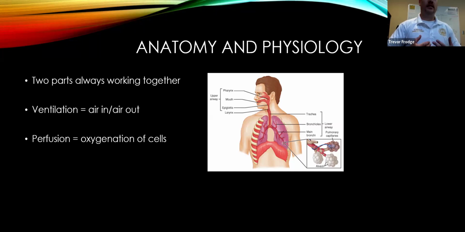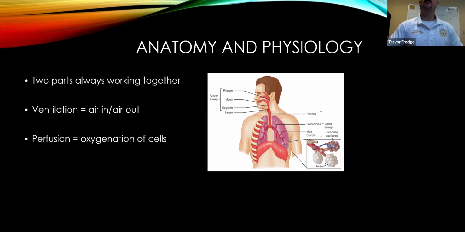We could fill an entire room with propane, zero oxygen in it, and your body would be stupid enough to try to take a breath of that because it's just air in and air out. However, very quickly you're going to pass out, asphyxiate, and go unconscious because there is no oxygen in that environment. That's a very basic example of why we have to have both these systems working together.